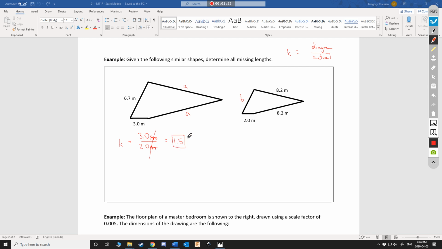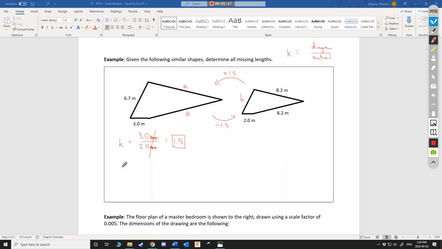So our scale factor is 1.5. What that means is if we're going from the small to the big, we're multiplying by 1.5. If you're going from the big to the small, we're going to divide by 1.5.